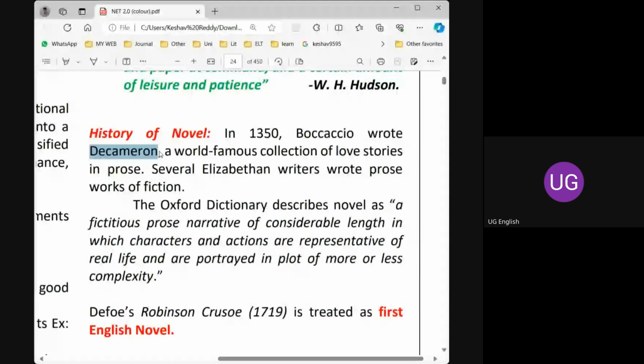The same is a model for Chaucer's Canterbury Tales. There is a connection. Chaucer imitated the style of Boccaccio. Actually, he wanted to write more than 120 stories. So Boccaccio's Decameron is a model for Chaucer's famous Canterbury Tales.